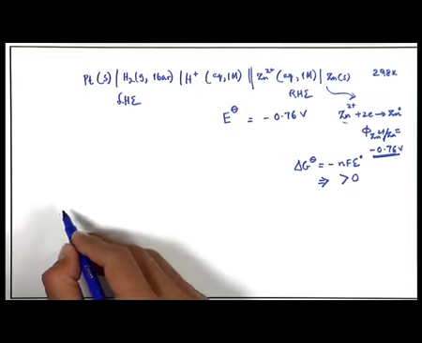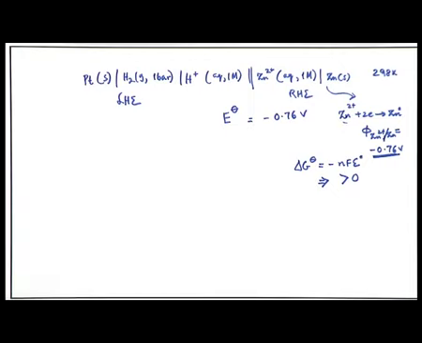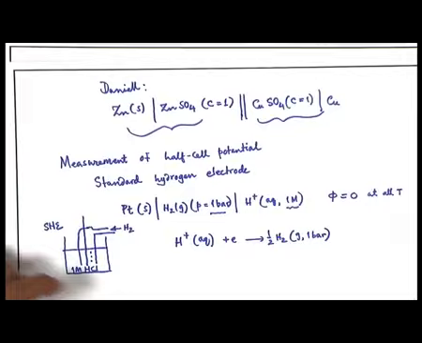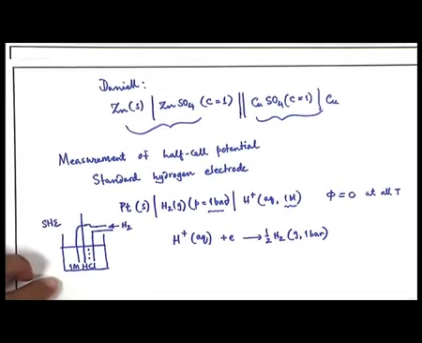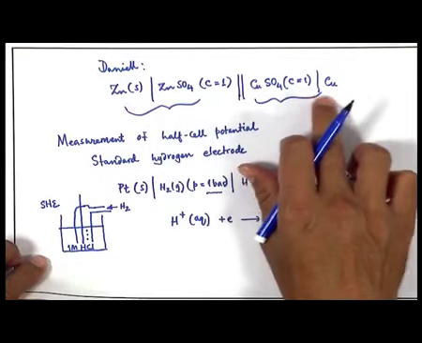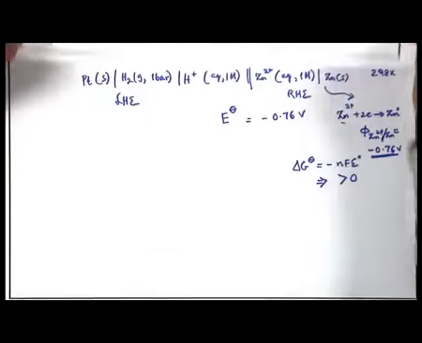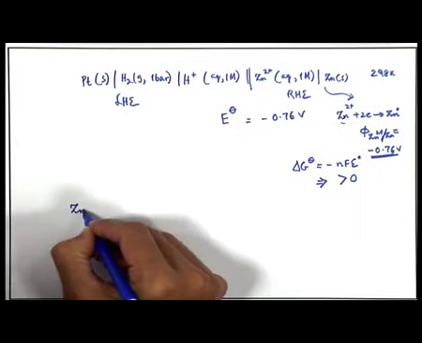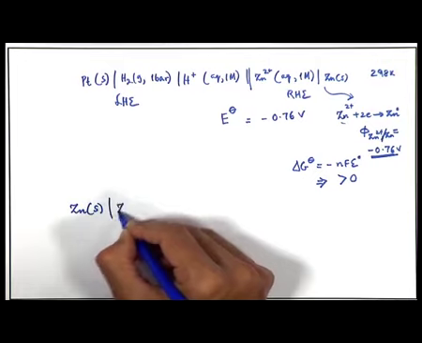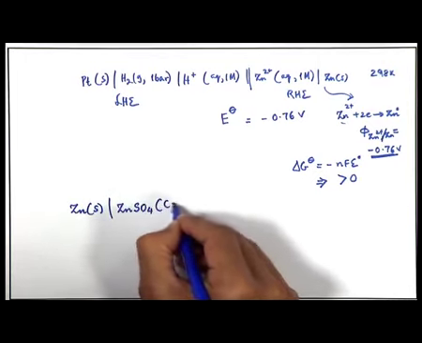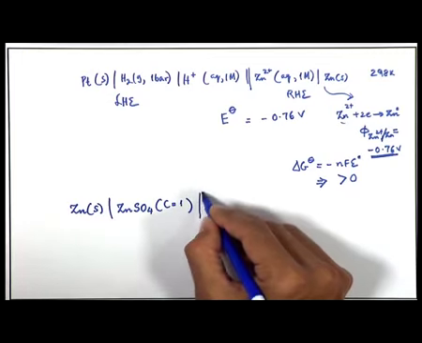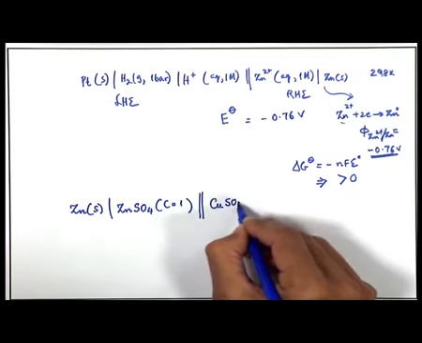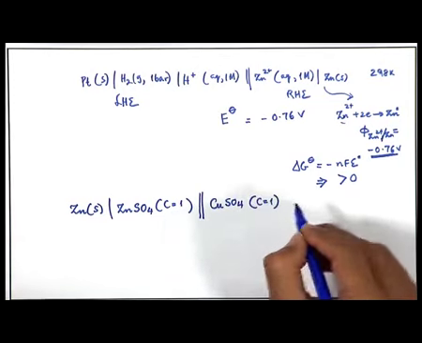Coupling this together means, like this Daniell cell, Zn solid, zinc sulphate with concentration equal to 1, CuSO4, Cu.